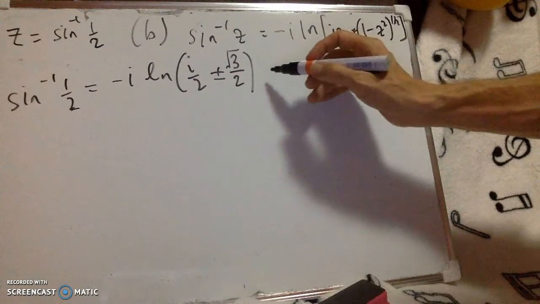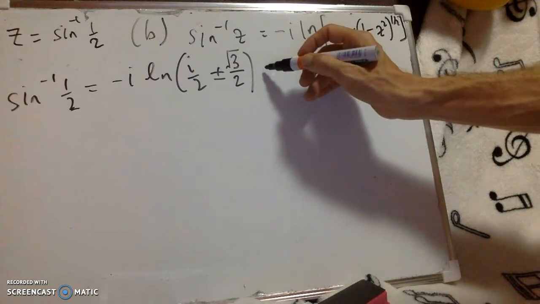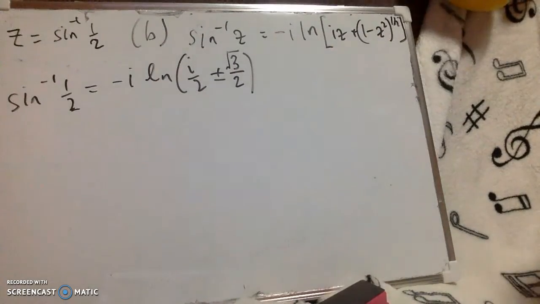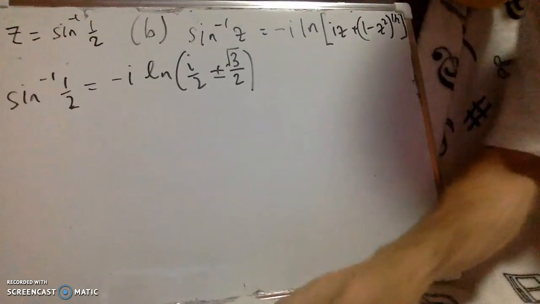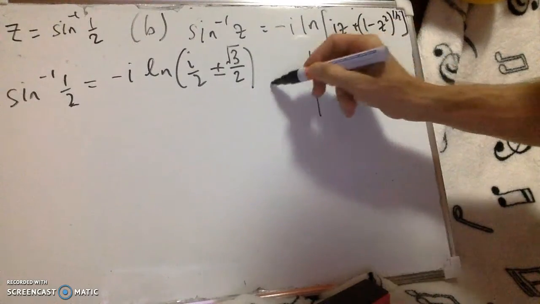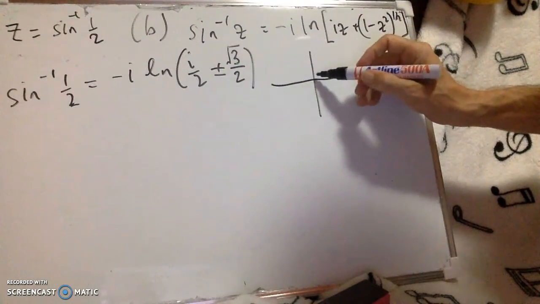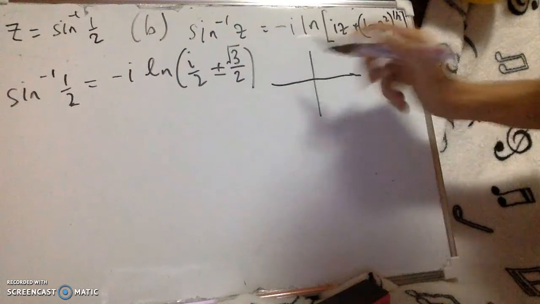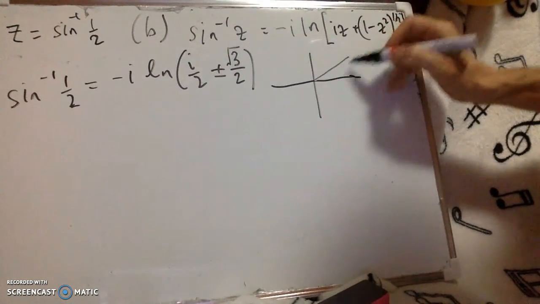Then next we need to actually write this in polar form. So we have to draw a few diagrams. For these complex numbers, the plus one is root 3 over 2 along the x axis, and it's 1/2 upwards.